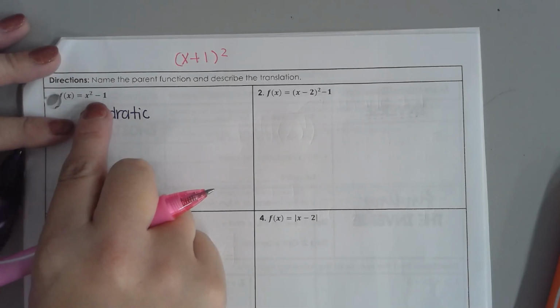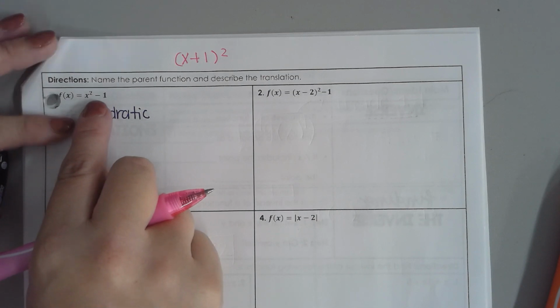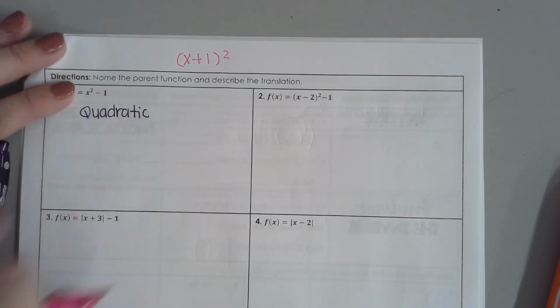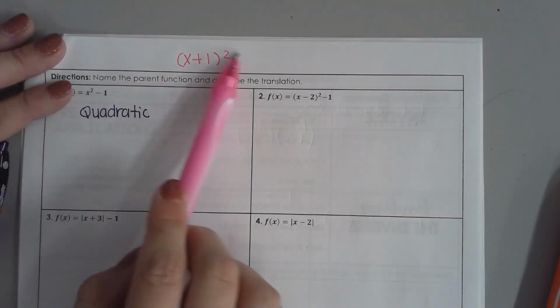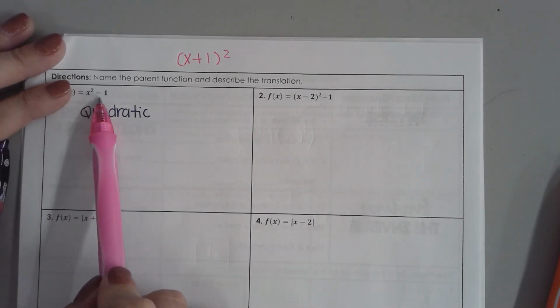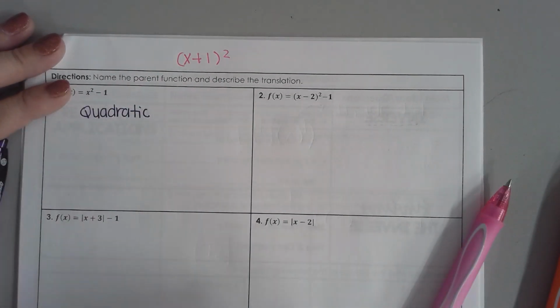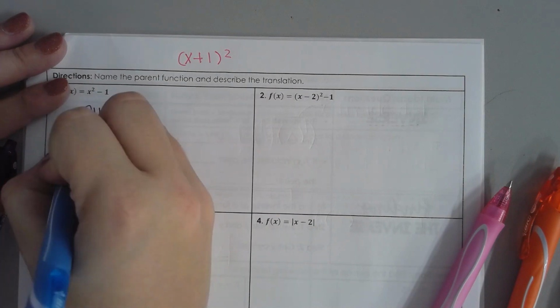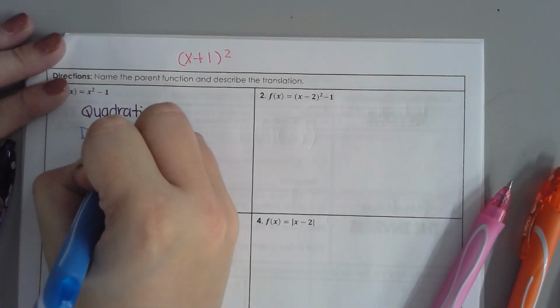Is there anything with the x inside of parentheses, like this x squared minus 1? No. So it does not move left or right any. It has a minus 1 that's on the outside. What does a minus on the outside do? It goes down. So this one would be down 1.